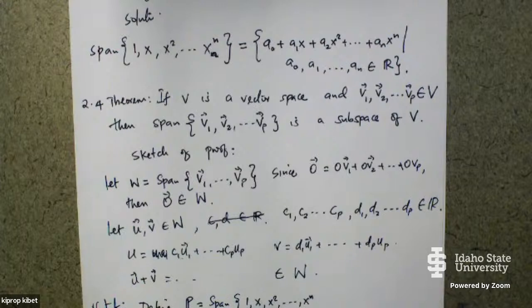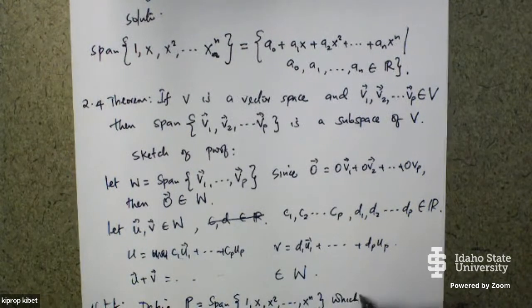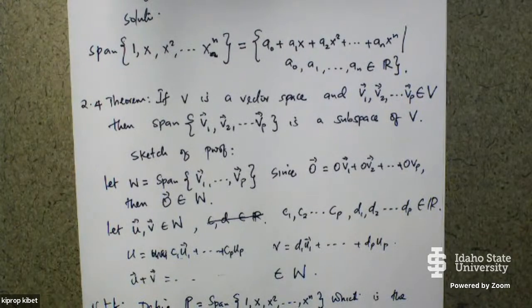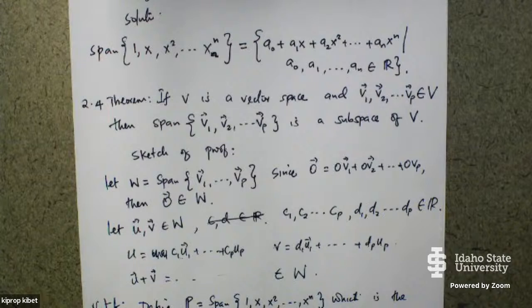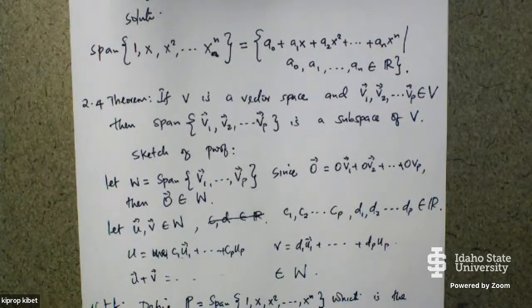And this P is the vector space of all polynomials with real coefficients of degree at most n. We most of the time use this.